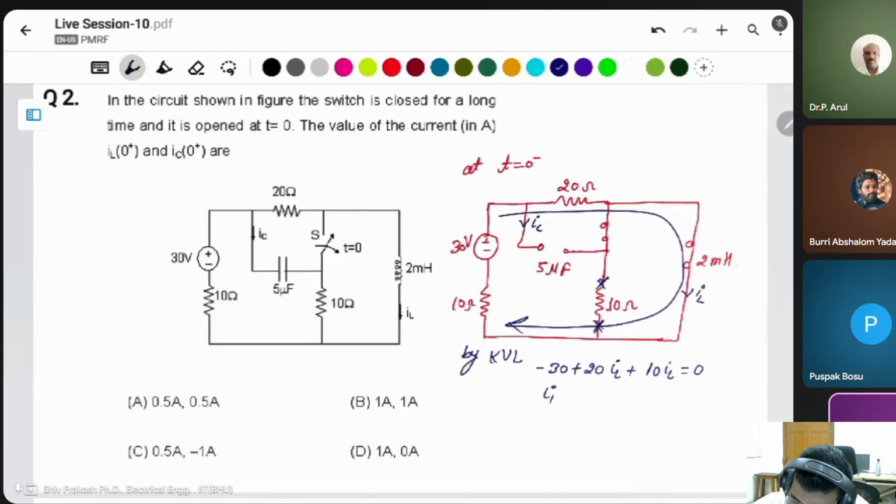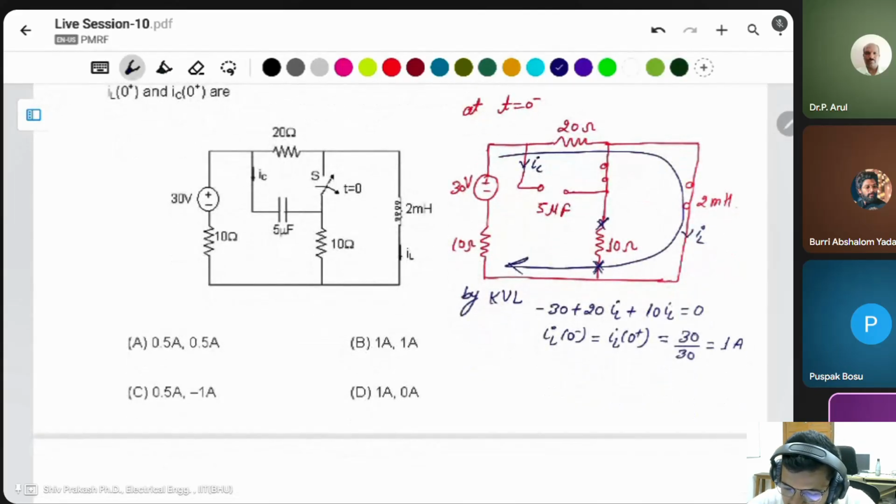What is IL? At the initial point, you can say 0 minus is the same as 0 plus because the inductor does not allow a sudden change. This will be 30 divided by 30, 1 ampere. It means the initial current of the inductor is 1 ampere.